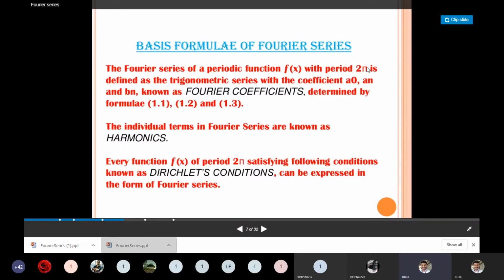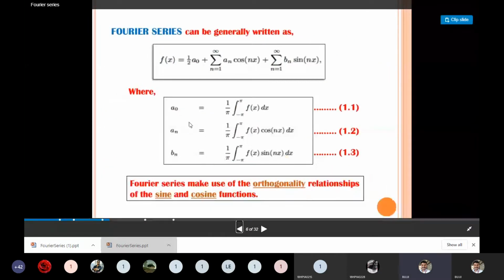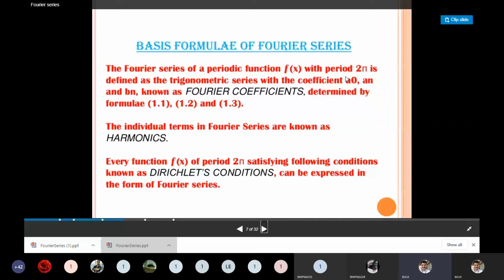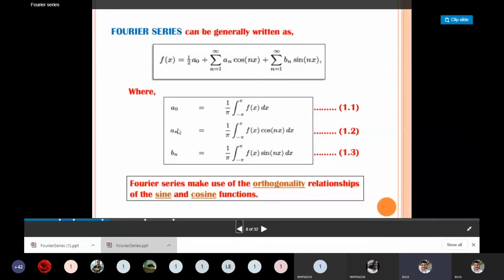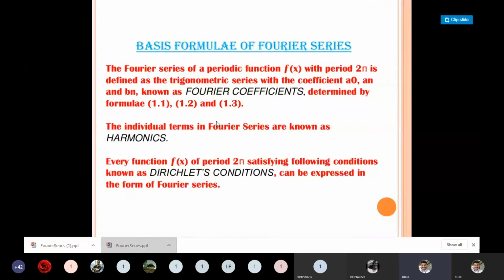a naught, a n, and b n. Here, see the explanation of a naught, a n, and b n. These three, a naught, a n, b n, are known as Fourier coefficients. Individual terms in the Fourier series are also known as harmonics.